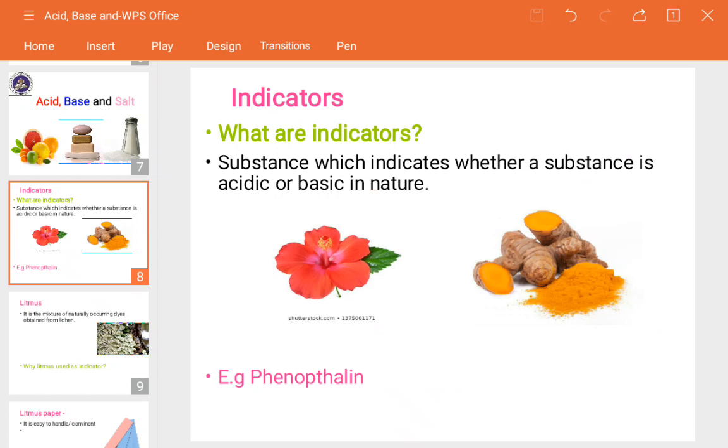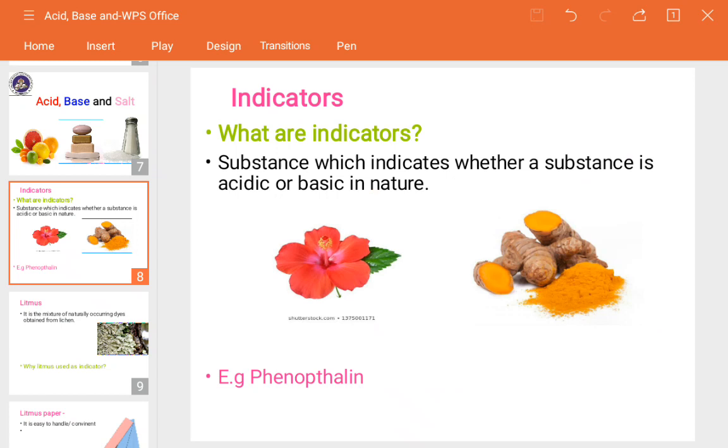Some examples present in nature which act as indicators are china rose, turmeric, and litmus. These are some natural indicators.